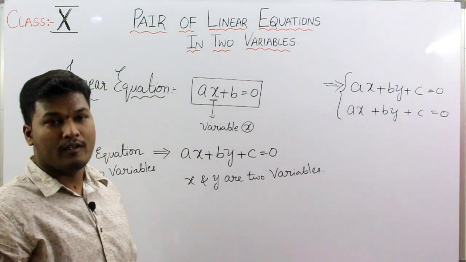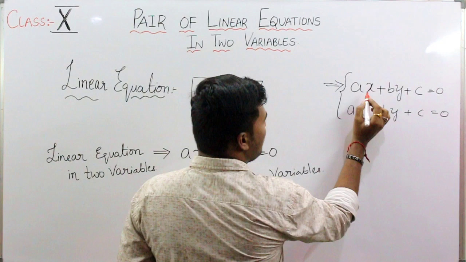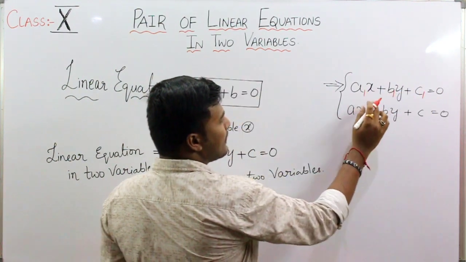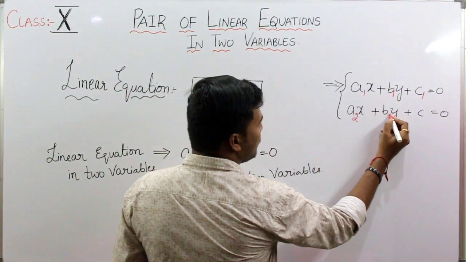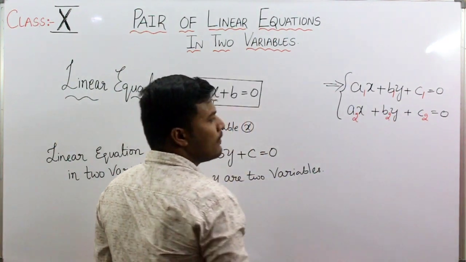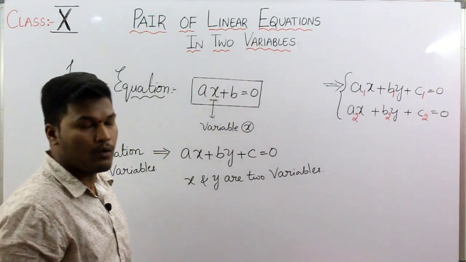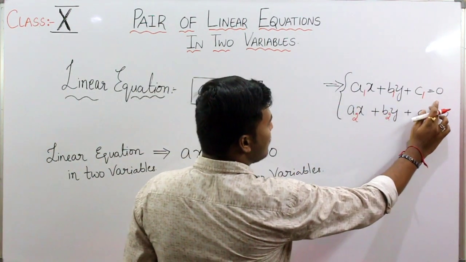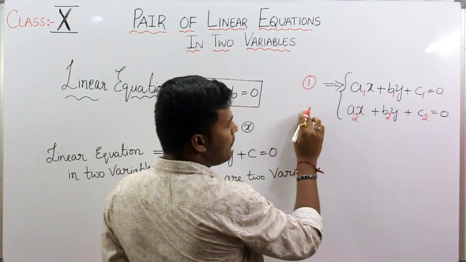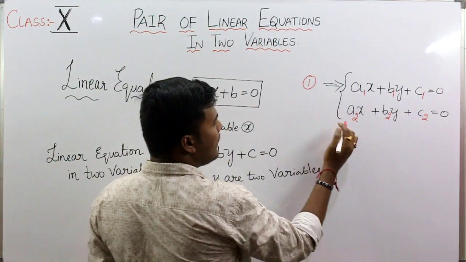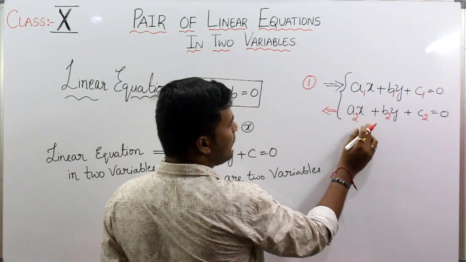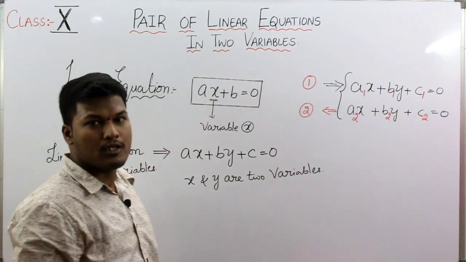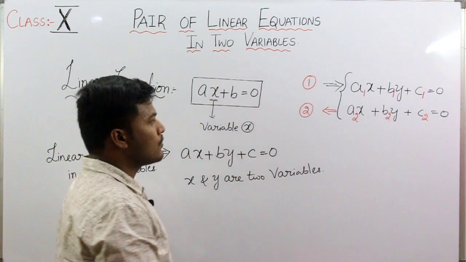In order to differentiate them, I am naming the coefficients a1, b1, c1 for the first equation and a2, b2, c2 for the second equation. So I get a1x plus b1y plus c1 equals 0 as the first linear equation in two variables, and a2x plus b2y plus c2 equals 0 as the second.